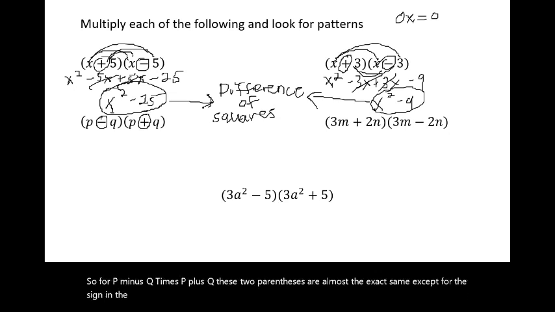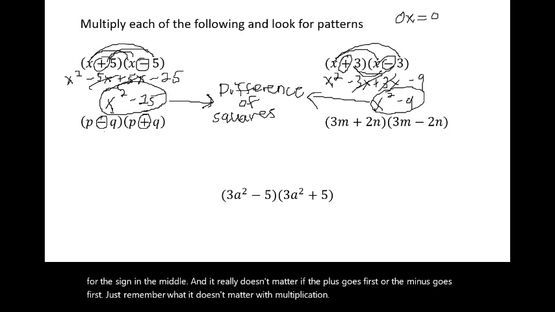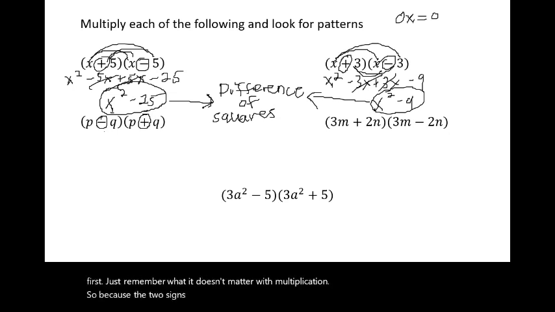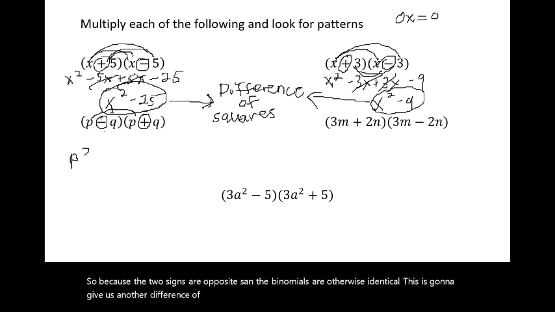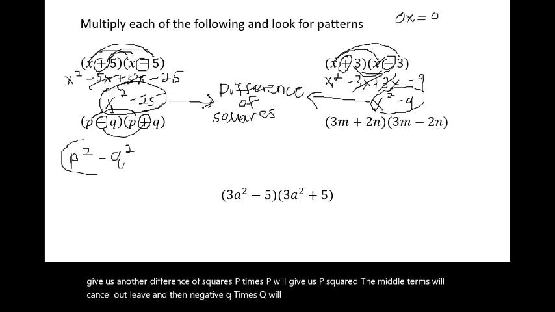And it really doesn't matter if the plus goes first or if the minus goes first, because remember, order doesn't matter with multiplication. So because the two signs are opposites and the binomials are otherwise identical, this is going to give us another difference of squares. p times p will give us p squared. The middle terms will cancel out, and then negative q times q will be minus q squared.